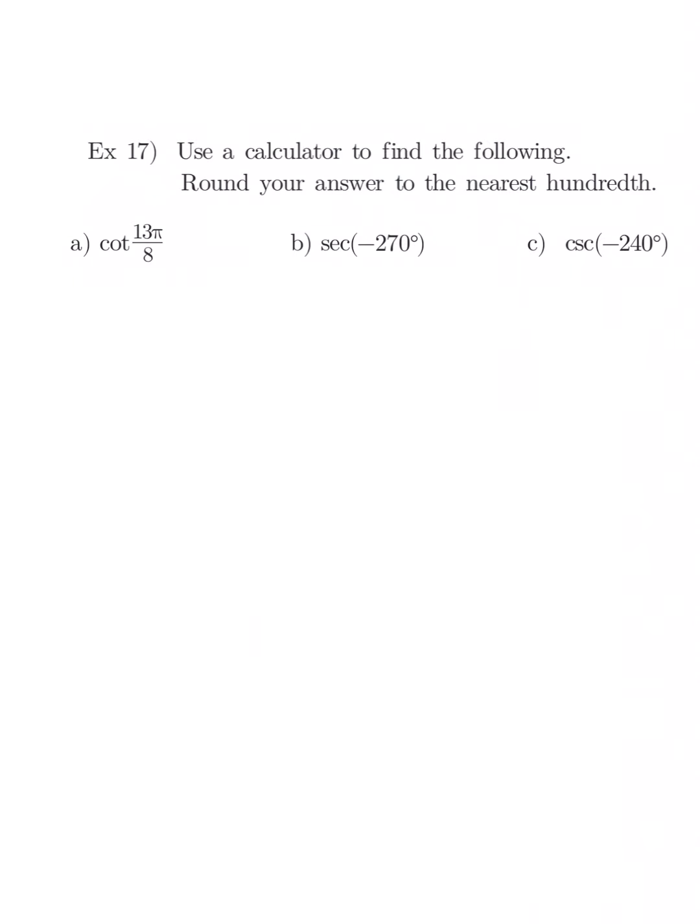So if you want to do the cotangent of 13 pi over 8 on your calculator, what you have to do is 1 over the tangent of that value, because your calculator does not have cotangent, secant, or cosecant, the reciprocal functions, on it. So you always have to do 1 over the function you do have.